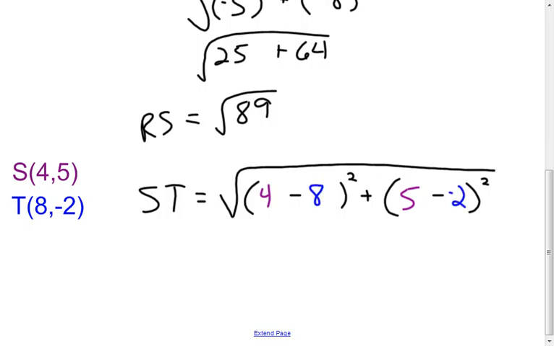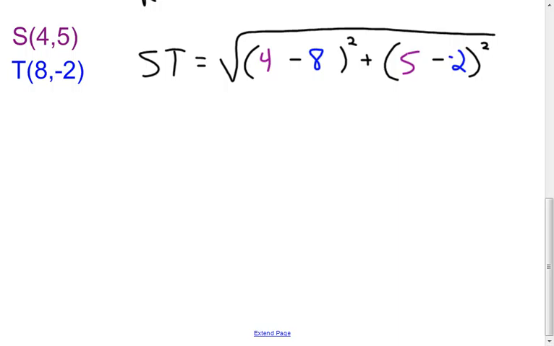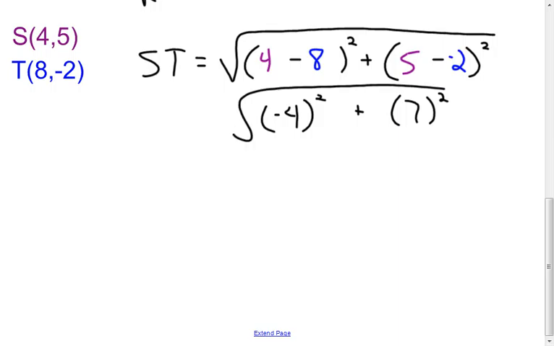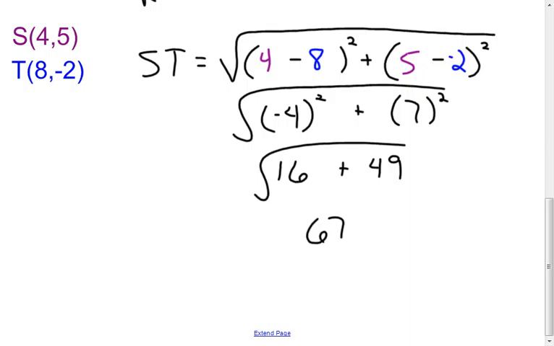Again, just the work of figuring all this out. I'll have -4 that I have to square. I'm going to have 7 that I'm going to have to square and take the square root of that. 16 plus the 49. Add those two together, I'm going to end up with 67. Square root of 67 is the length of segment ST.